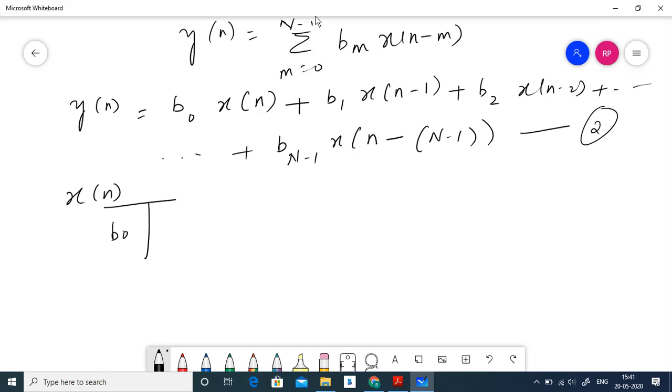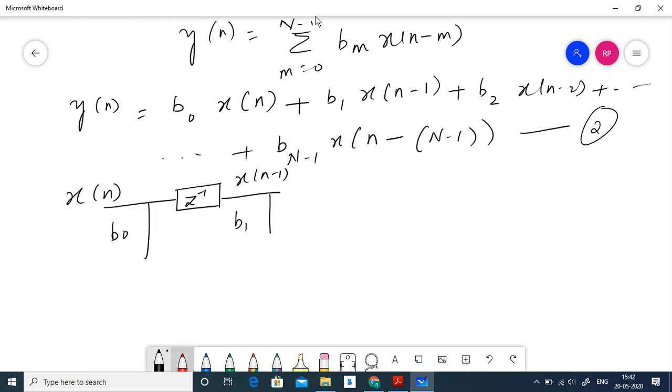Now what is the next term? The next term is b1 into x(n-1). How to get x(n-1)? We should insert one delay element. If you insert one delay element, here you'll get x(n-1). What is the constant associated with this x(n-1)? It is b1, so I'm going to write that b1 over here.